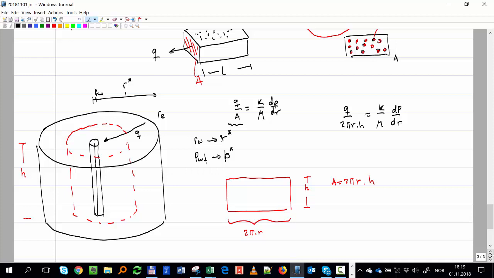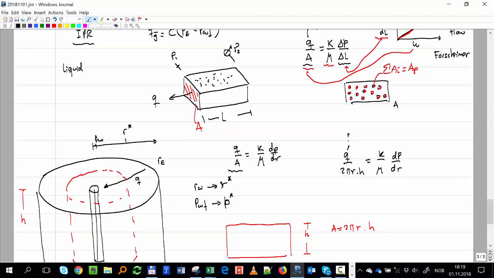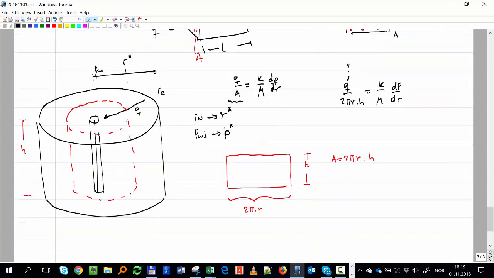But there is one detail. If you remember, this Q is a local rate, right? It depends on pressure. So we have to express it in terms of a rate that doesn't depend on pressure, and that's the standard conditions rate, right? We are talking here about liquid, or undersaturated oil. So this is the local rate that is a function of pressure.